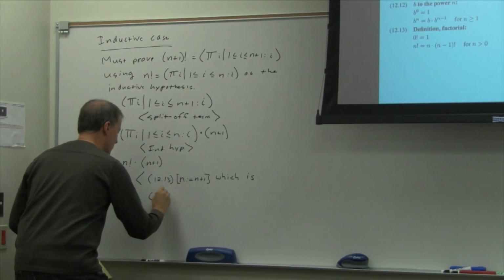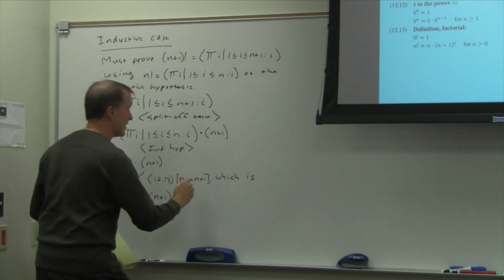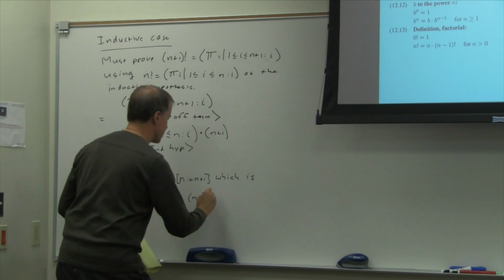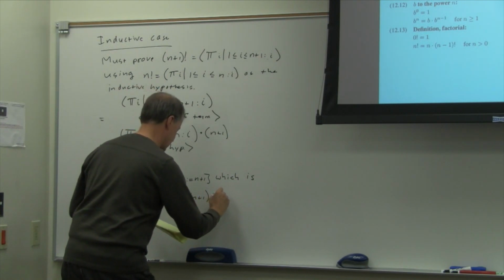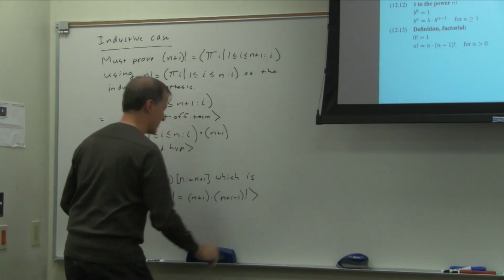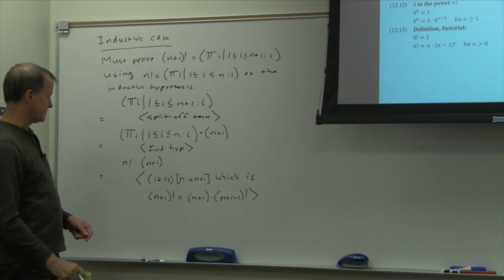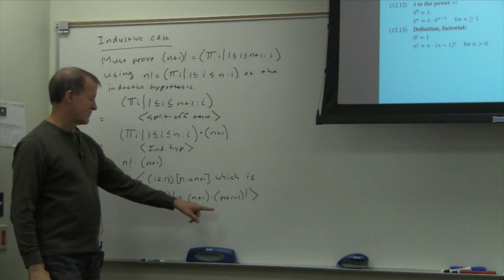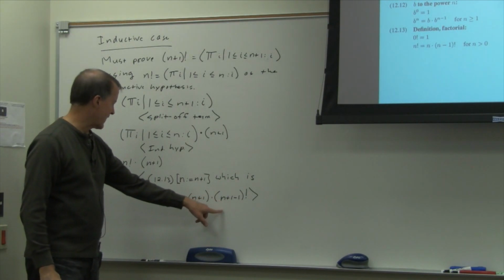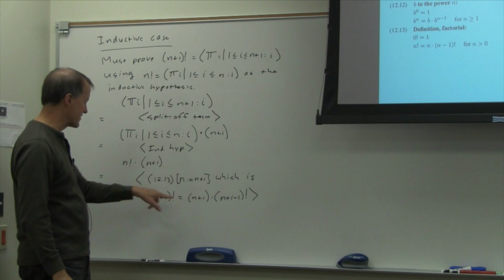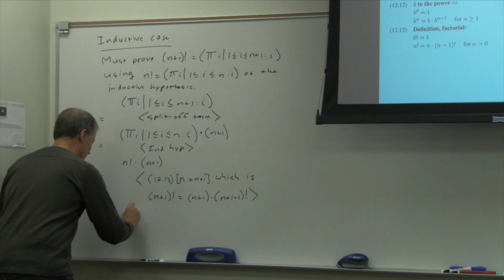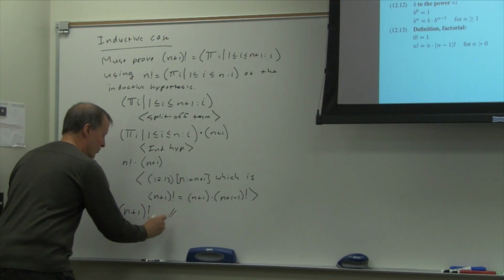We would have (n+1)! equals (n+1) times (n+1-1) factorial. But this is (n+1) times n factorial. And what does that say that's equal to? (n+1) factorial. So this equals (n+1)!, and boom, we're done.